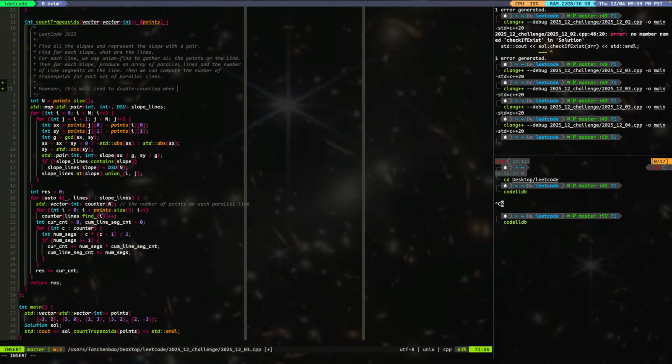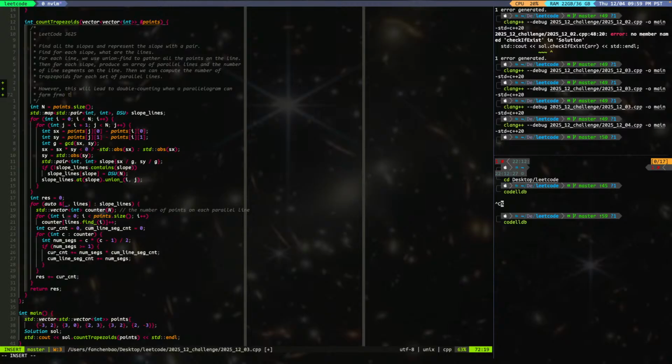When a parallelogram can form from two sets of slopes.